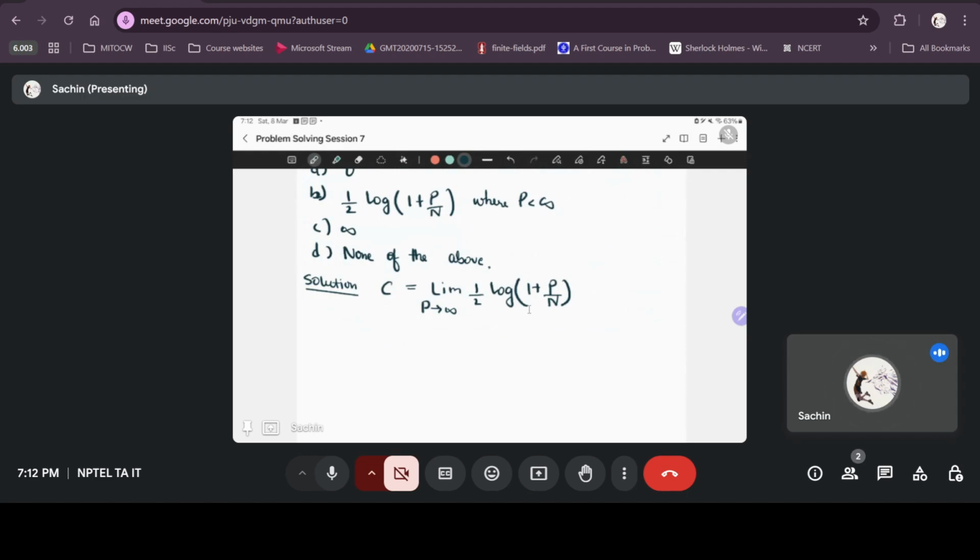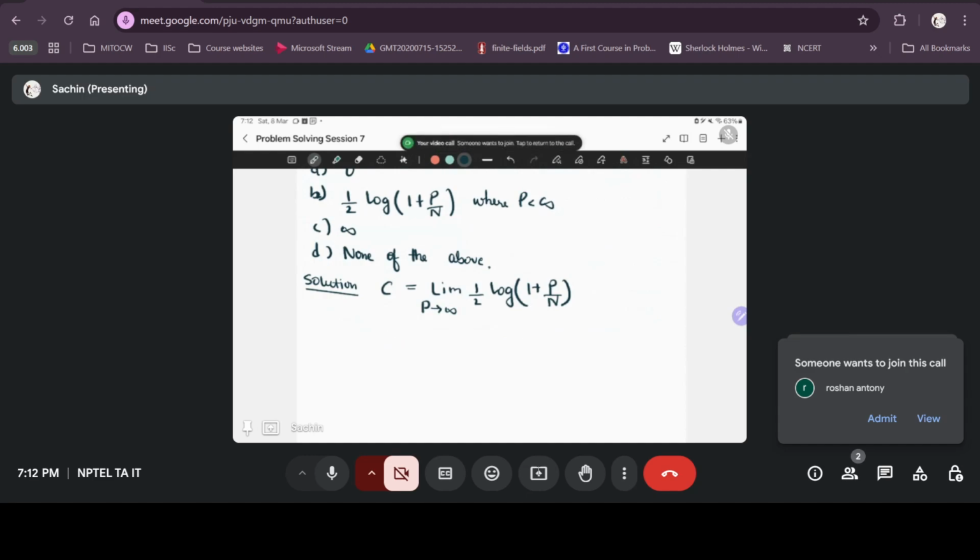As p tends to infinity, p over n tends to infinity. 1 plus p over n is close to p over n, which is tending to infinity.